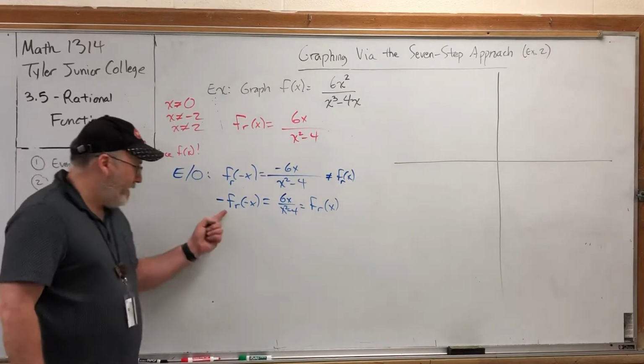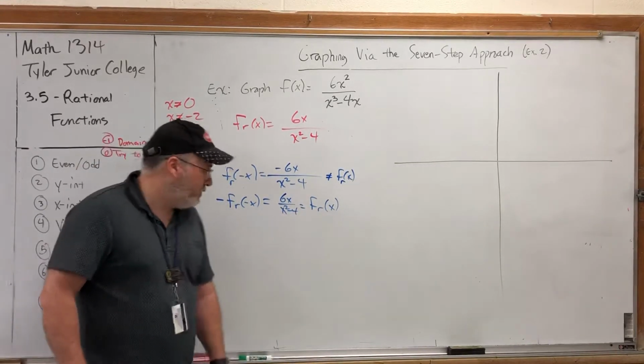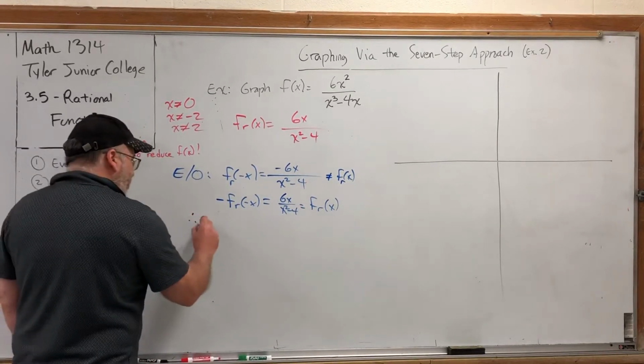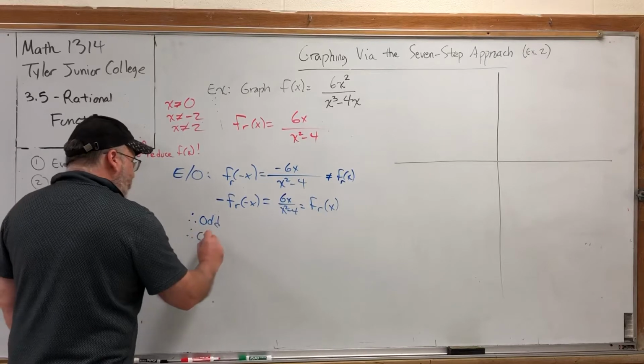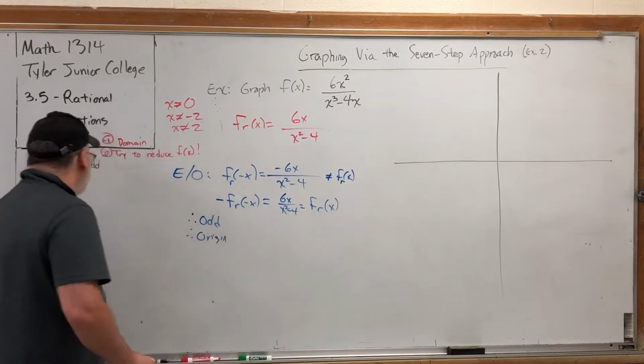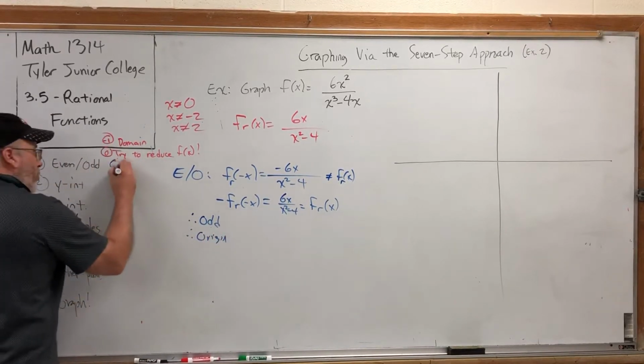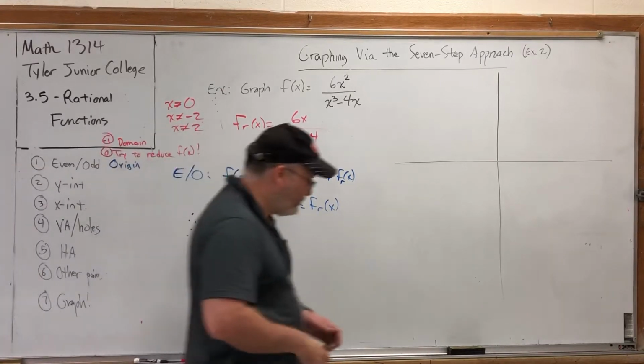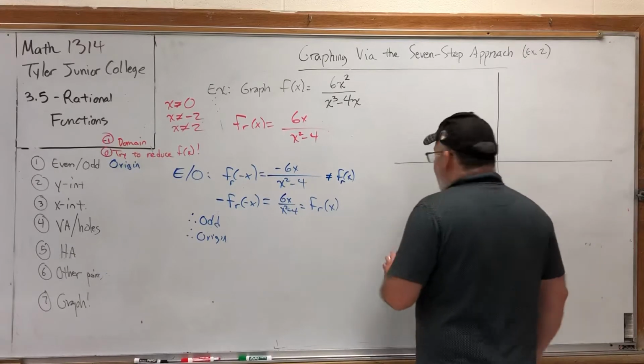Because negative f of -x equals f of x, reduced. This is an odd function. Therefore, odd function, therefore origin symmetry. So this graph will have origin symmetry, meaning the left half is a rotational image of the right half across the origin.